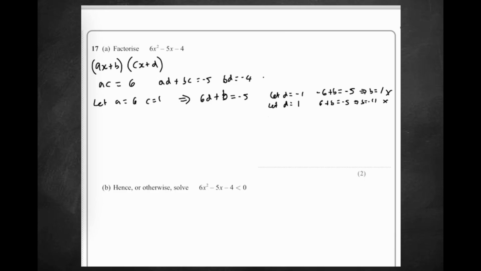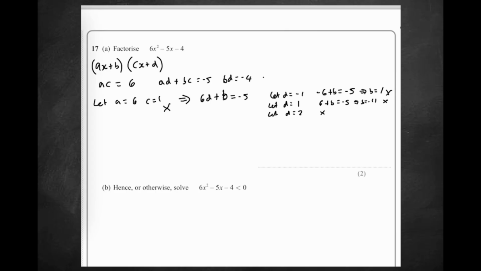Doesn't work. Let d equal 2. Then we have 12 plus b equals minus 5, so b would be minus 7. That doesn't work. Same with minus 2. Then b would be 19. That doesn't work. So the only other option is let d equal 4, which would be 24 minus 29. That's even further away. And minus 4 also doesn't work. So this whole line doesn't work here.